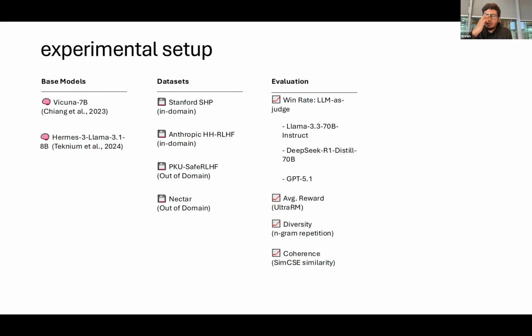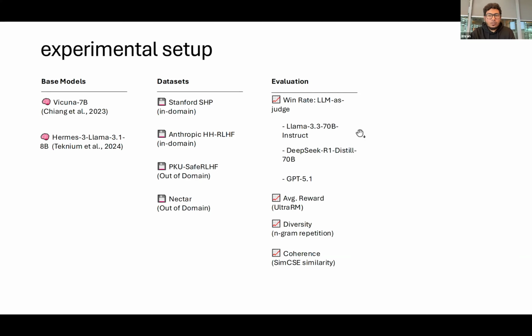For evaluation, we use 4 different metrics. Win rate, which can also be referred to as LLM as a judge. We use 3 different models for the win rate: Llama 70 billion, DeepSeek 70 billion, and GPT 5.1.